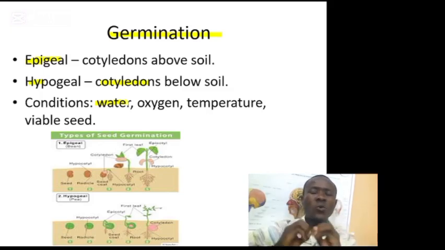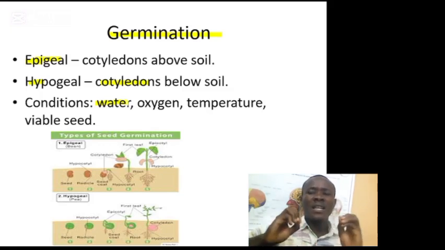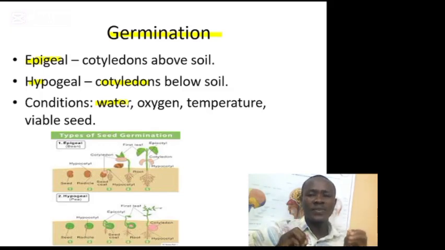When the seed coat absorbs water, it softens so that the root or the shoots can emerge from it. And also that water will help to dissolve nutrients so that the enzymes can make use of them. Without water dissolving the nutrient, the enzymes cannot make use of it.